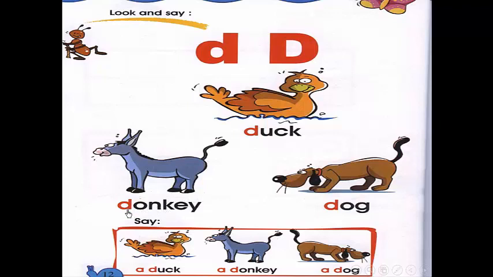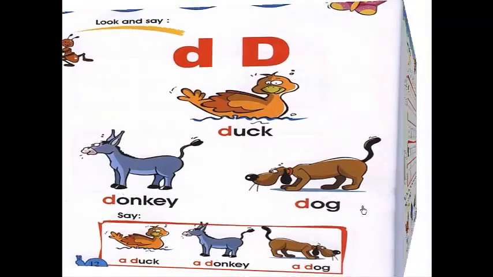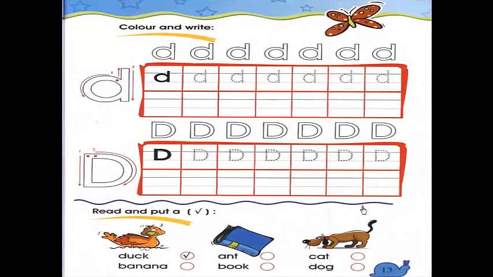Donkey also begins with the letter D. D-O-N-K-E-Y. Donkey. And the last word here we have dog. D-O-G. Dog. Good. Let's go to the second page.